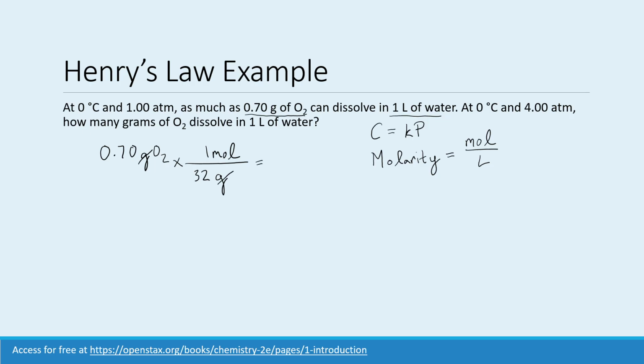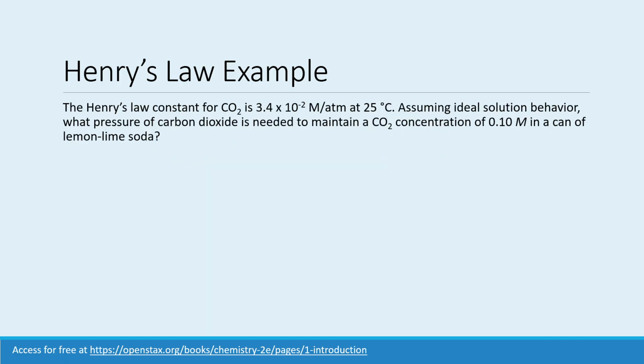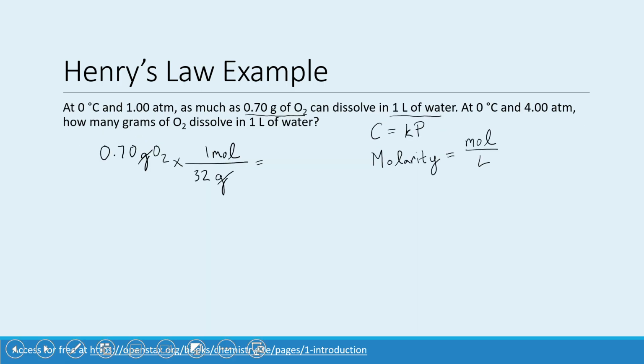Okay, and so we're going to take 0.7 divided by 32. And we'll keep at least 3 digits of significance until the end, even though we have 2 digits from that 0.70. So this is going to give us 0.0219 moles of oxygen gas.